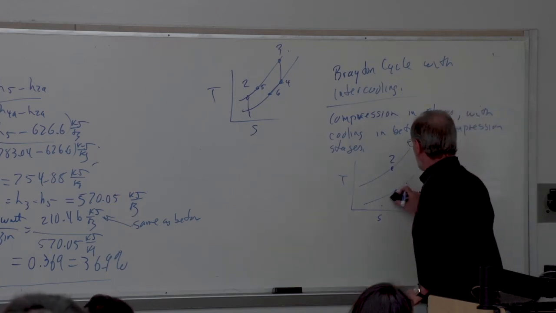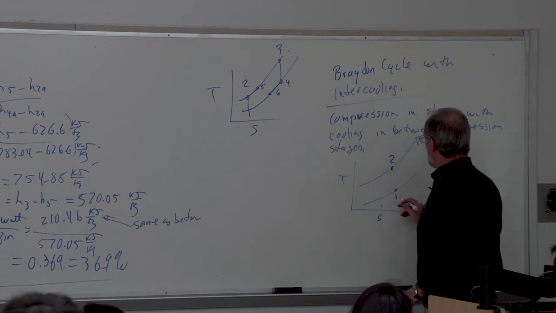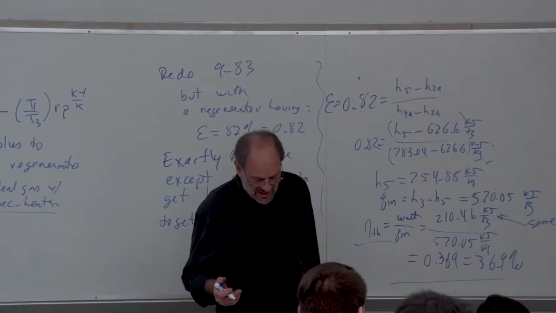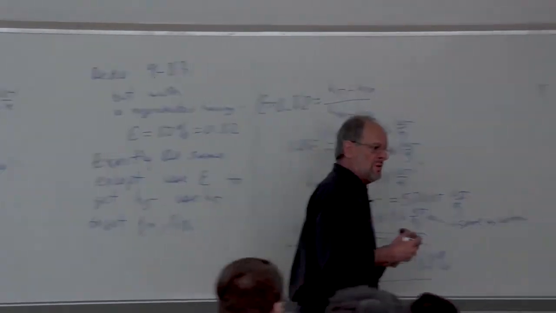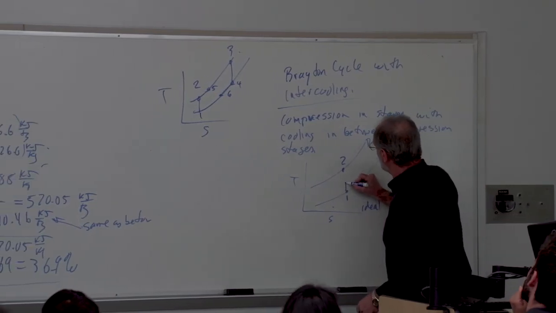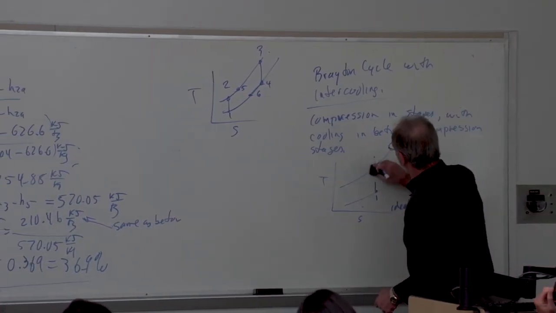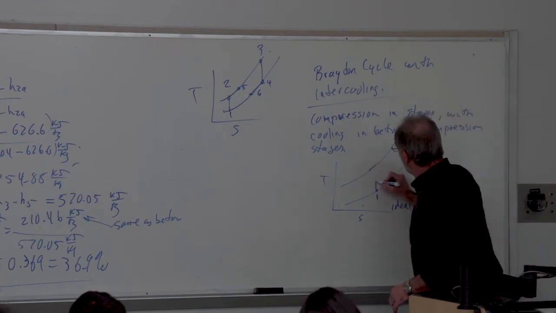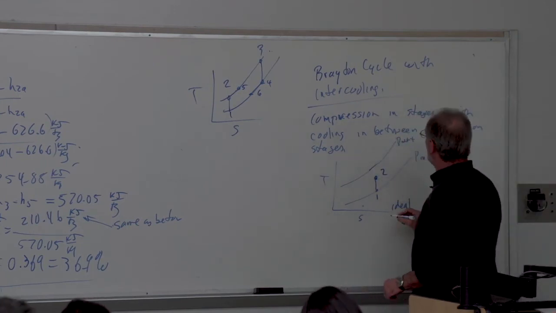We're not going to compress from point 1 to point 2 in one stage. We're actually going to go through more than one stage. So what we'll typically do is compress to some intermediate point. So let's just get rid of that 2 that I put down there, because that's not where we want to go. We're only going to compress to an intermediate point, which is point 2.